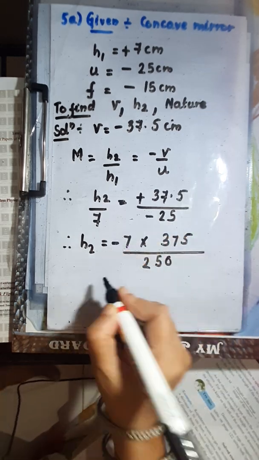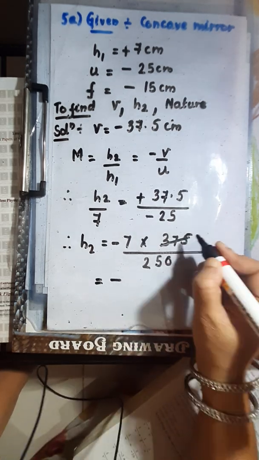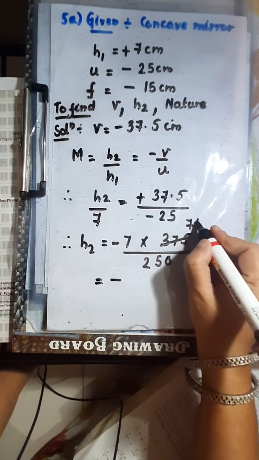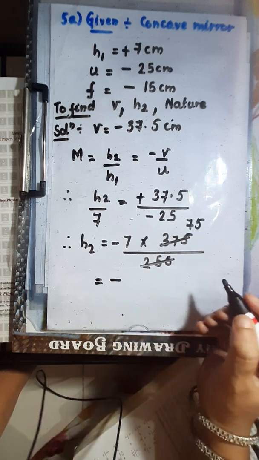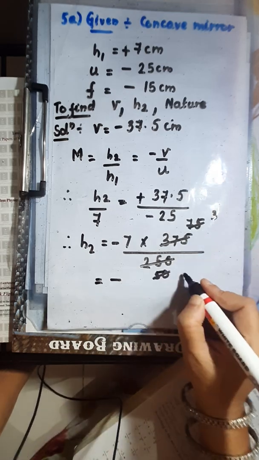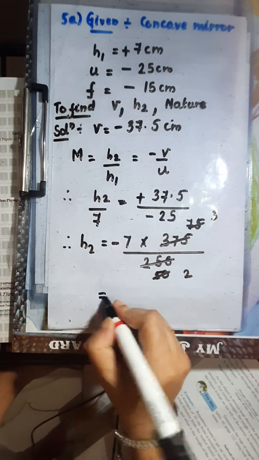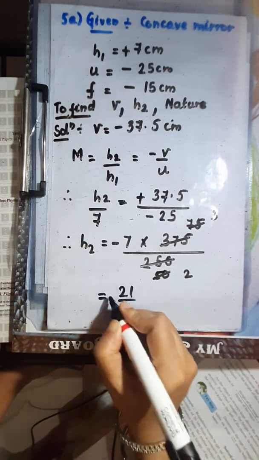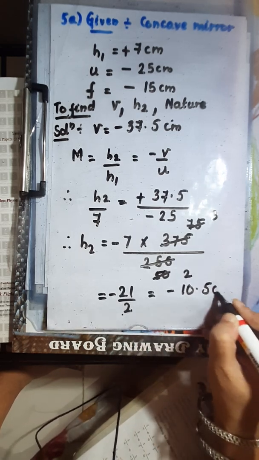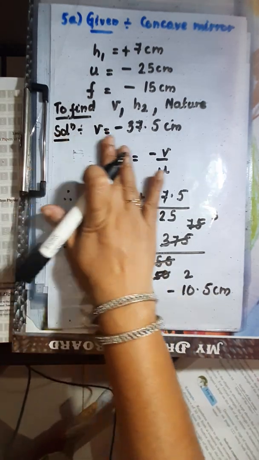This negative sign I will put here, so I get minus, that is for sure. Now let us cancel. 5 sevens are 35, 5 fives are 25, 5 50s are 250. So 7 threes are 21 upon 2, which is equal to minus 10.5 centimeter. Therefore, height of the image is minus 10.5 centimeter.